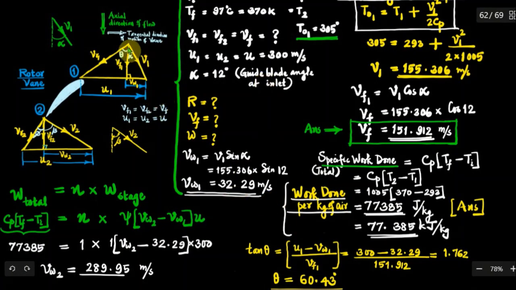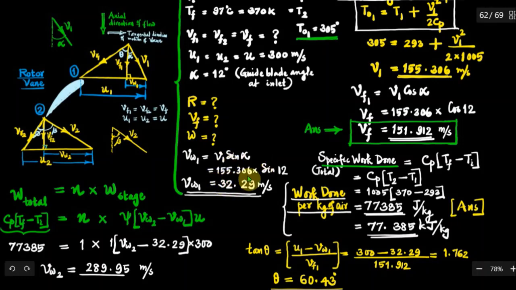In the same manner, from this right triangle on the right side portion of the inlet velocity triangle, you will get VW1 also. You can find VW1 is equal to V1 sin alpha.